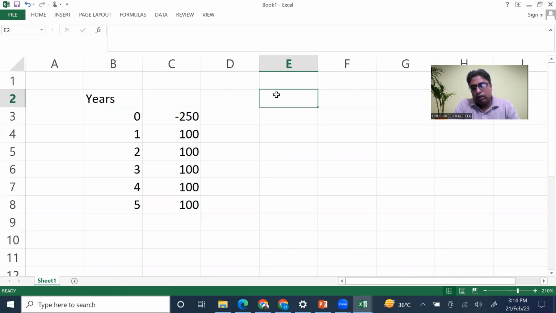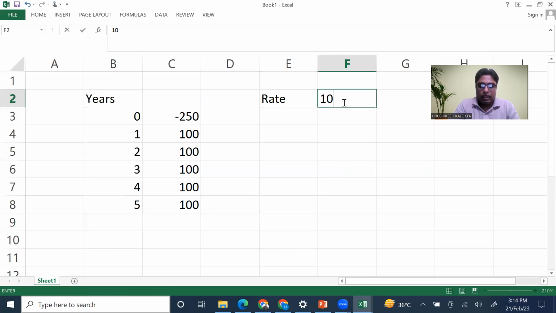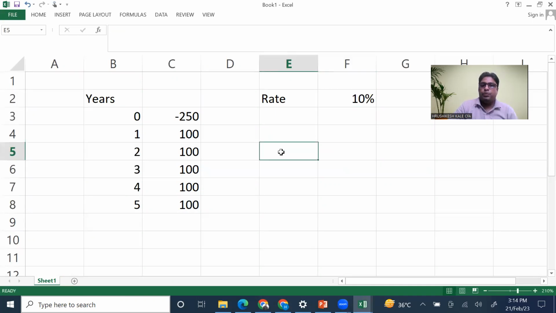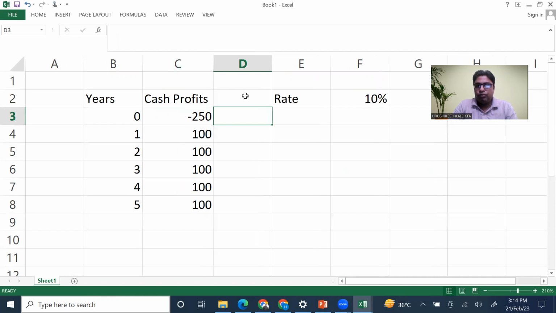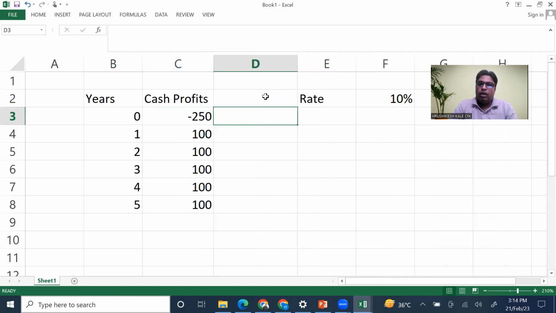Here, the discounting rate is 10%. This is your cash. Now, the discounting factor will start from year 1, because for year 0 there will be no discounting.